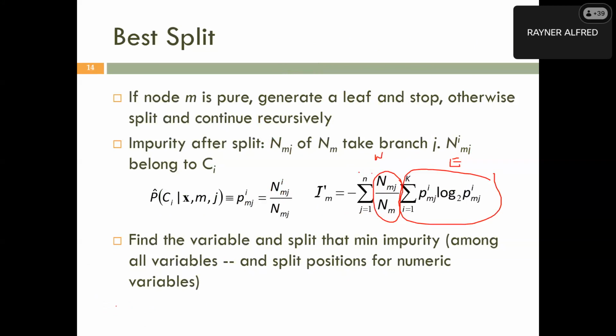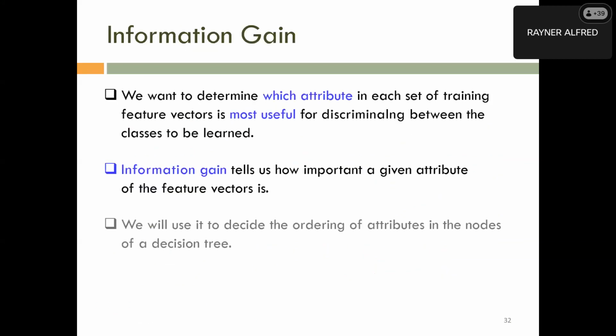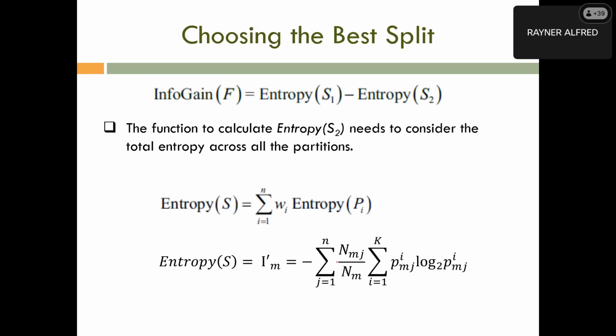So if we have 3 partitions, that means we need to sum up all the entropy of those 3 partitions. This is after you split. So if we go back to the information gain here, this is before you split, and this is after you split.